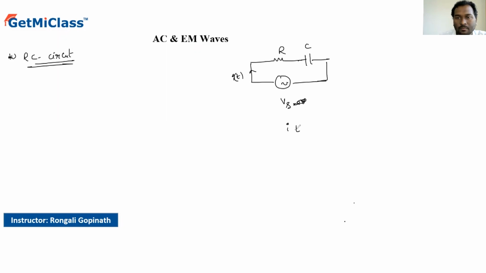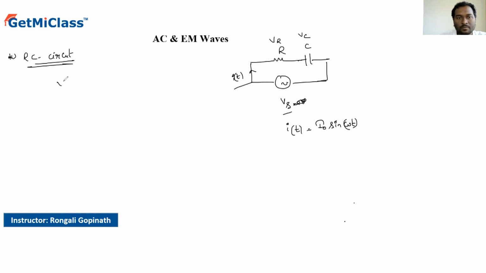Let's say the current is I naught sine of omega t. Our objective is to find what is VR, what is VC, and what is the phase difference between voltage and current, or what is the actual behavior of it, right?